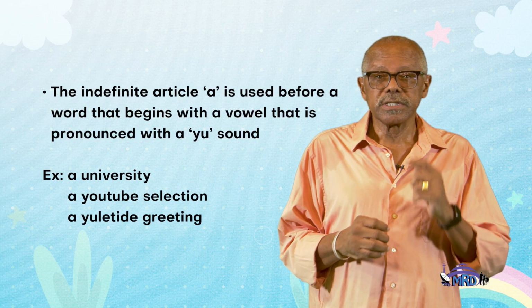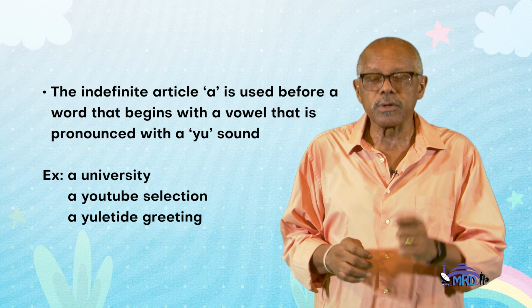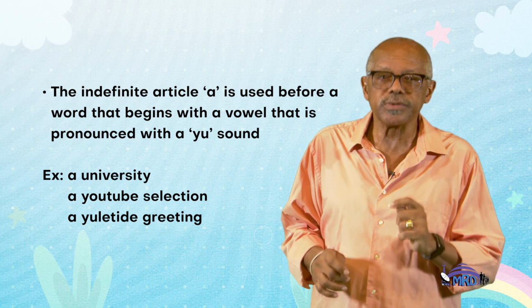The first of these exceptions deals with pronunciation. The pronunciation of the vowel or consonant that begins the word that is preceded by the indefinite article plays a significant part in creating exceptions. The indefinite article a is used before a word that begins with a vowel that is pronounced with the YU sound.